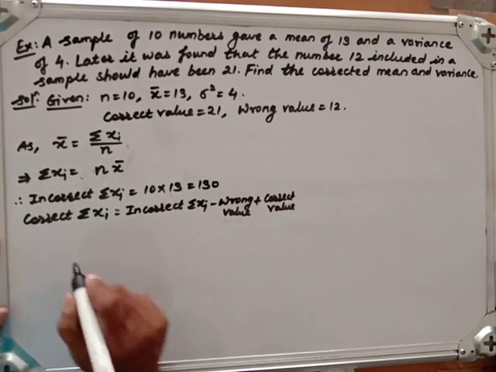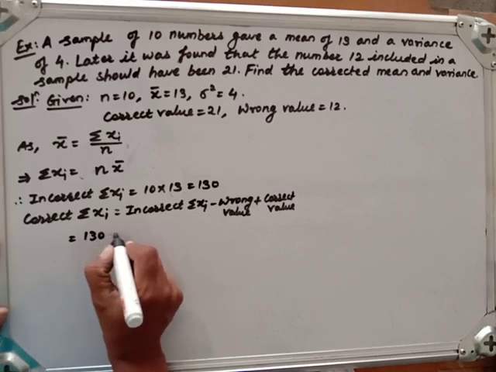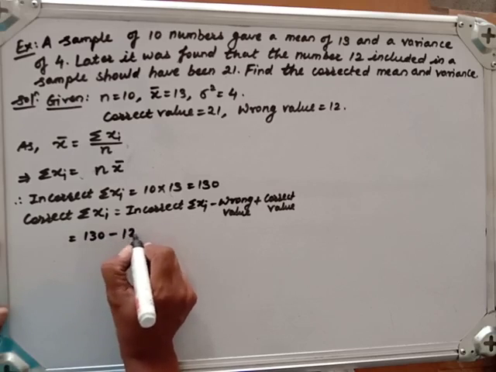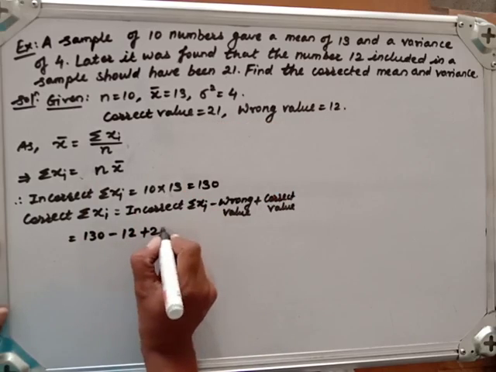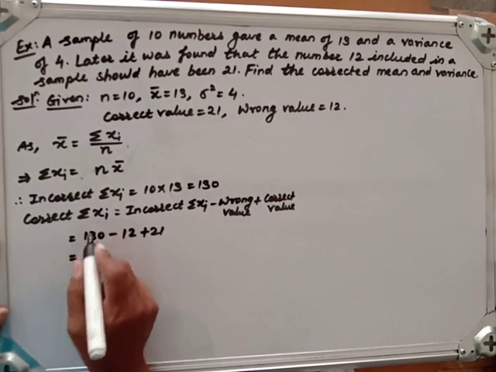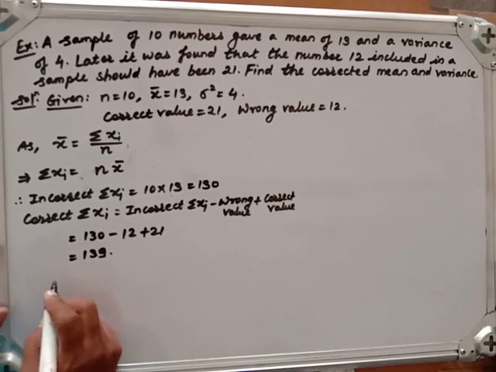As such we can find the correct summation xi. So it will be 130 minus the wrong value 12 plus the correct value 21. So the correct summation xi is 139.